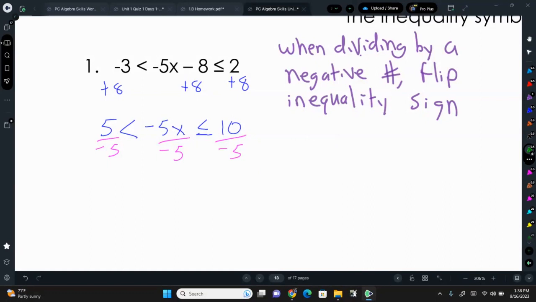So now it's going to become negative 1 is greater than or equal to x, which is greater than or equal to negative 2.